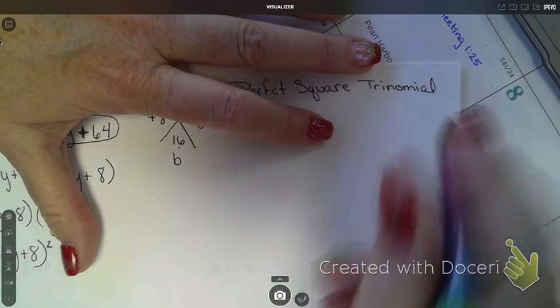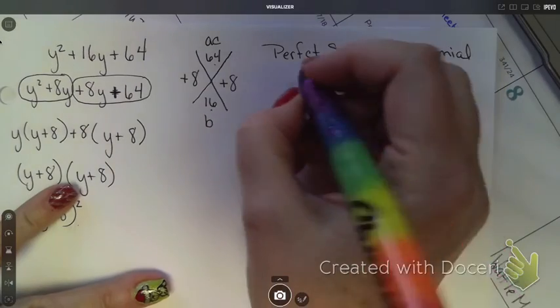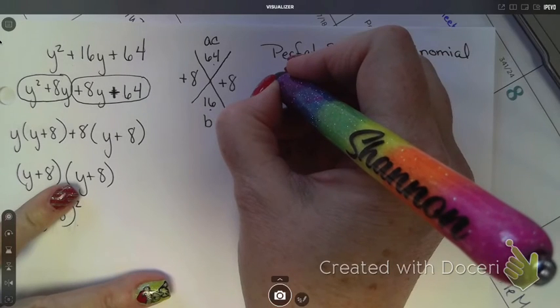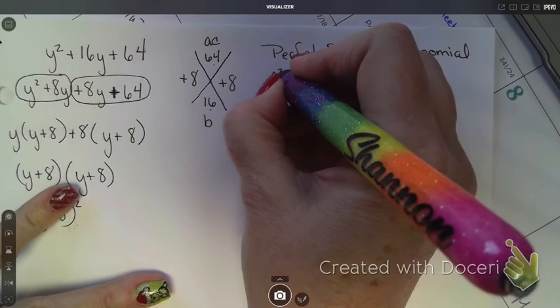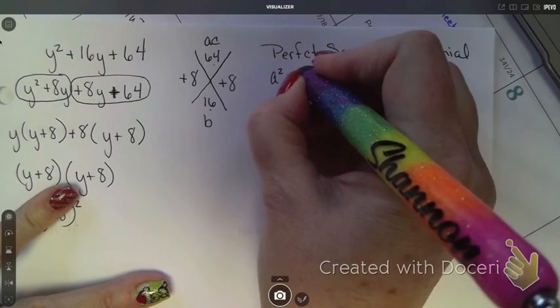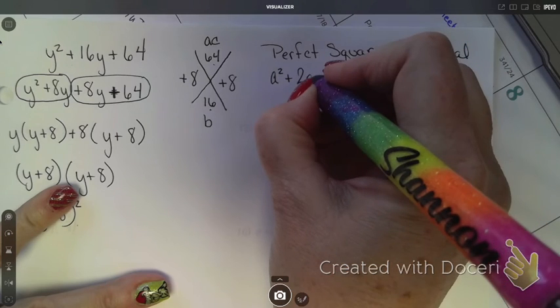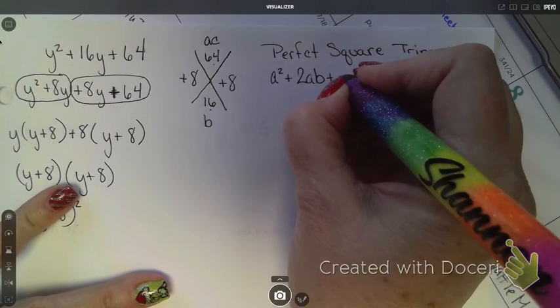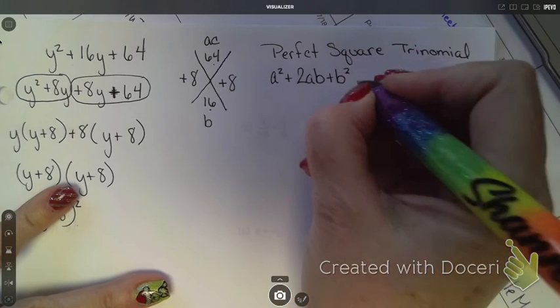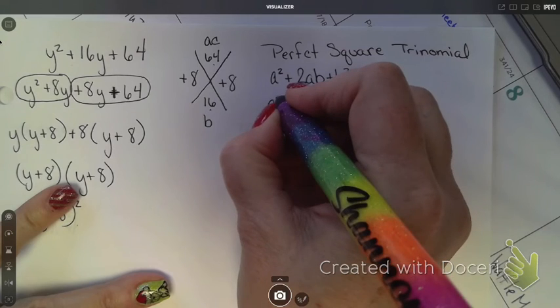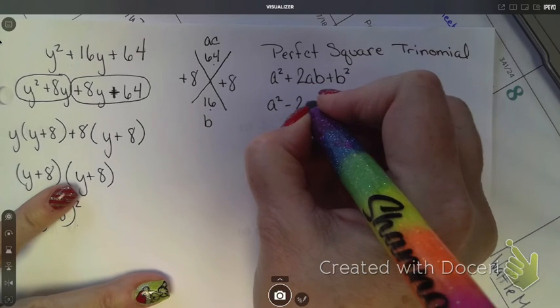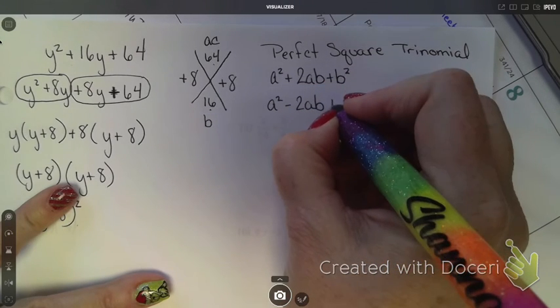What a perfect square trinomial looks like is a squared plus 2ab plus b squared, or it could also be a squared minus 2ab plus b squared.